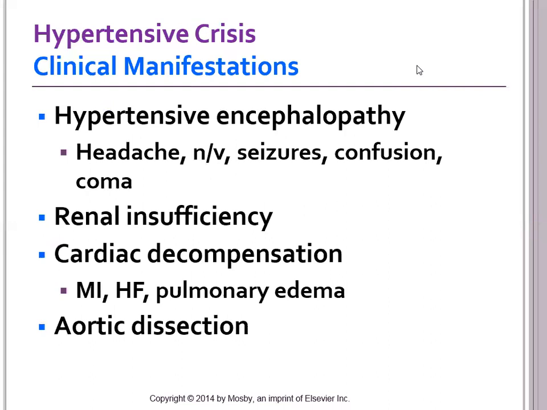This is an emergency. They're going to have rapid cardiac decompensation. They're going to have unstable angina. They can possibly have a myocardial infarction, which is the medical term for a heart attack, pulmonary edema, chest pain, dyspnea. Aortic dissection, which is a big deal, can develop and will cause sudden excruciating chest and back pain.